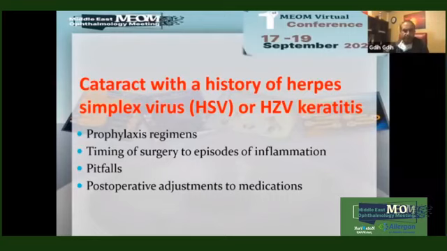So keeping in mind the use of prostaglandin and its activation of herpetic eye disease is something I always keep in mind and try to avoid as much as possible, and then watch them carefully in the post-operative period.